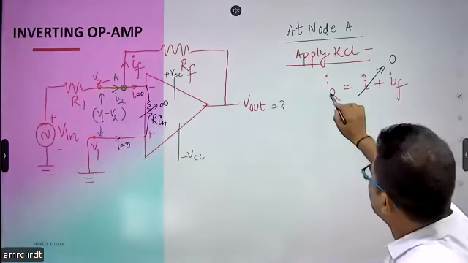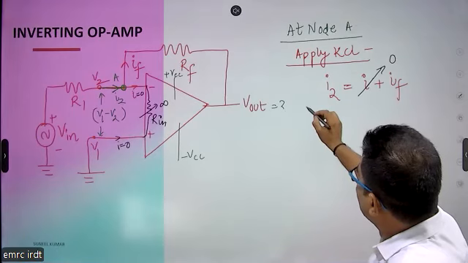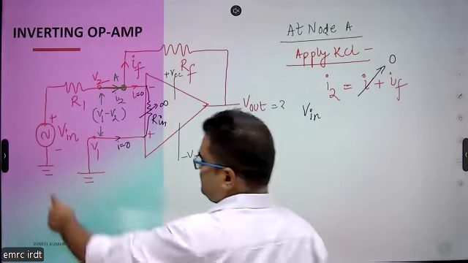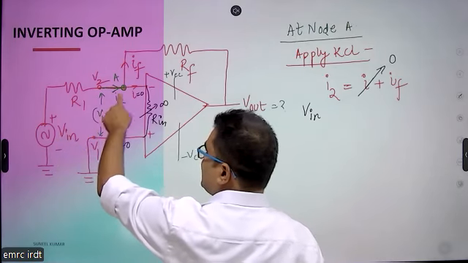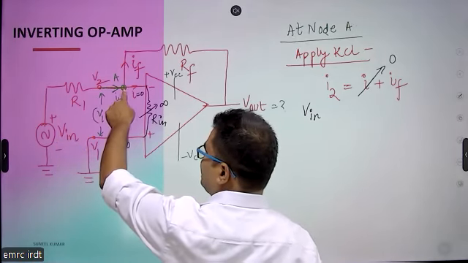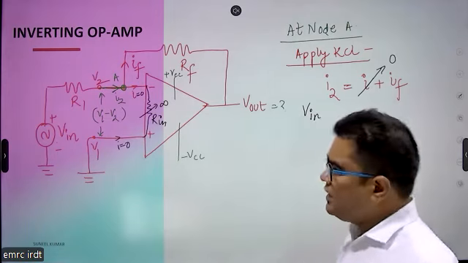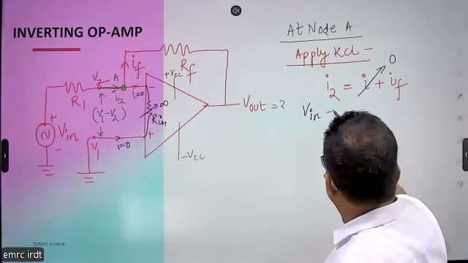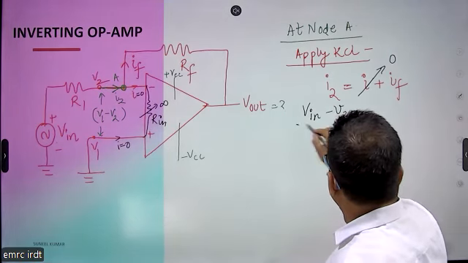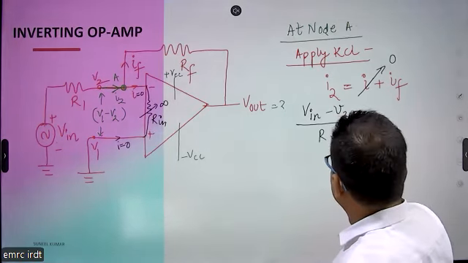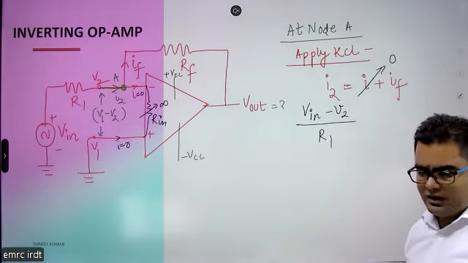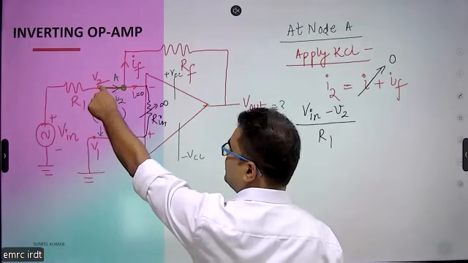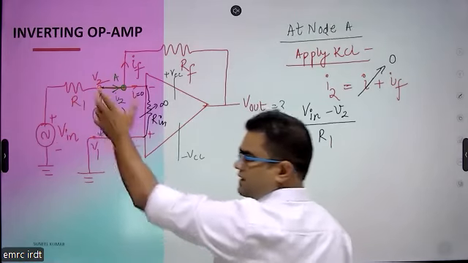Now we want to write the value of I2. This can be written as V input minus the voltage at junction A. The voltage at this junction is V2, so I2 is V input minus V2 divided by R1, the resistance connected here.